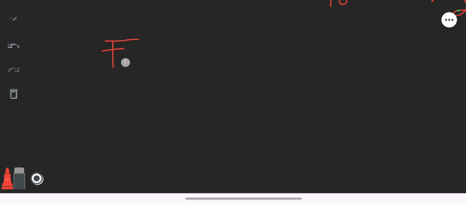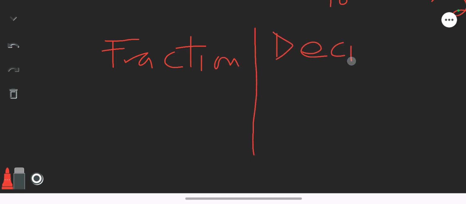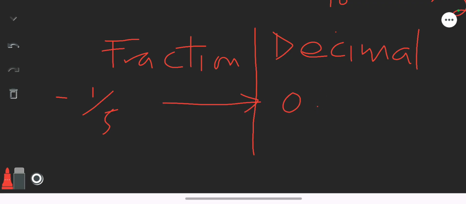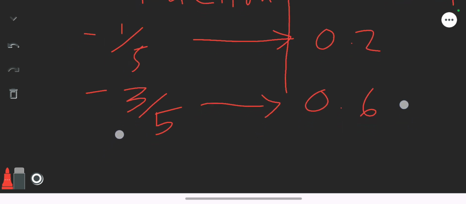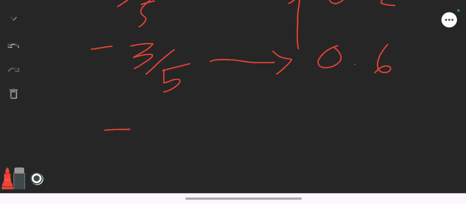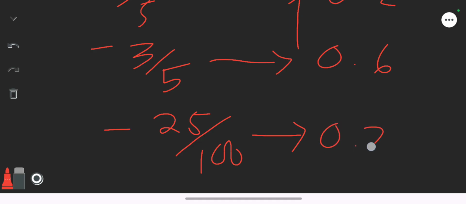We have fraction here, and decimal. 1/5 as a fraction, and in decimal we have 0.2, and 3/5 is 0.6, and 25/100 is 0.25.